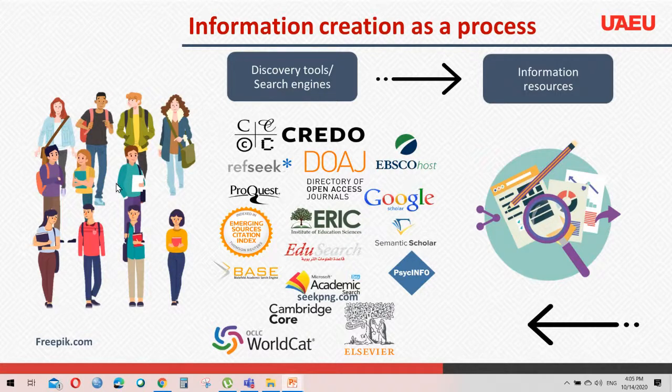So we need information. We need documents. We need articles. We need books. We need scholarly resources. How do we reach the scholarly resources or the information resources? We need discovery tools. We need search engines. Again, as researchers, we need documents, scholarly papers, articles, journals to accomplish our goals, to finish our task or to write our research paper.